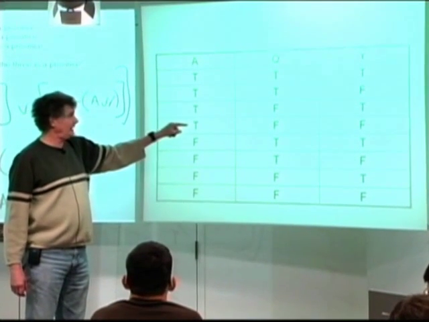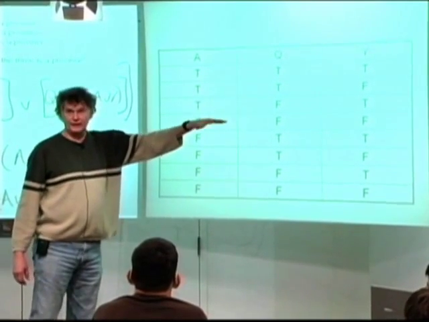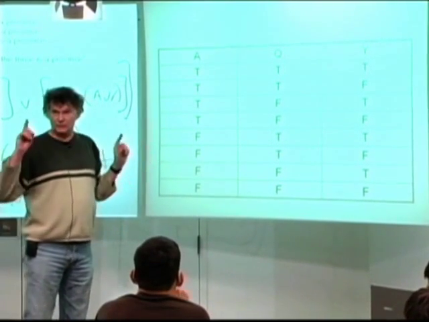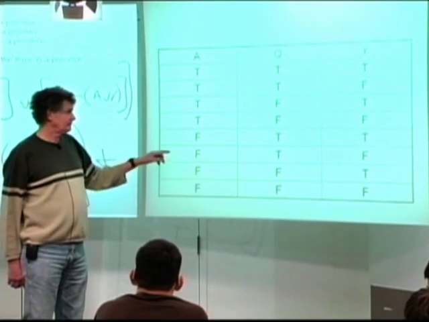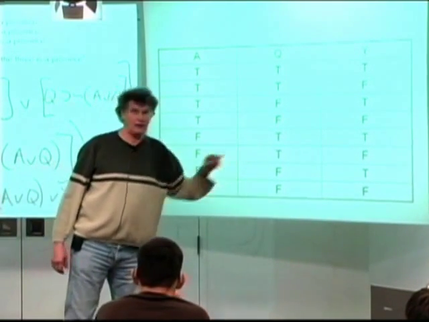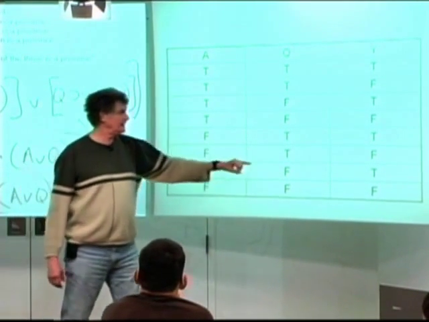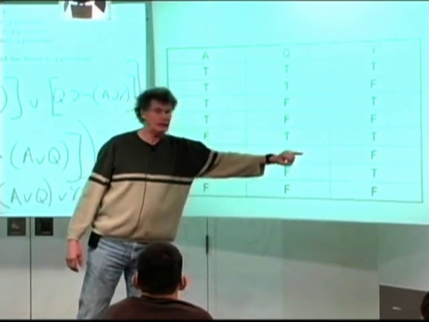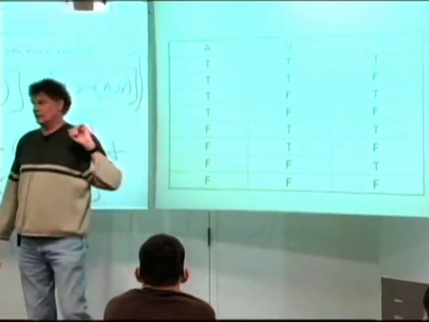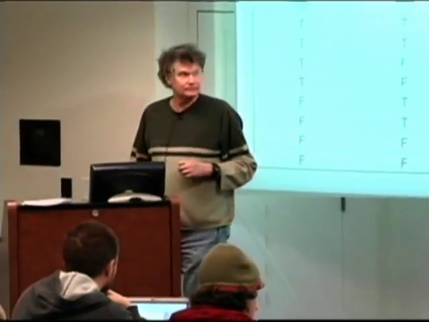All right, so A and not Q and not Y. That's one possibility. Or not A and Q and not Y. Or not A and not Q and Y. And that's the brute force method. That should capture it.